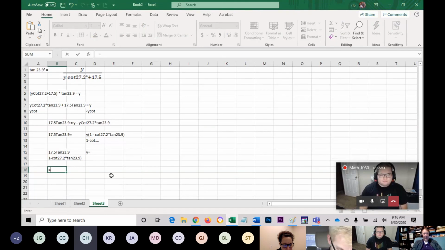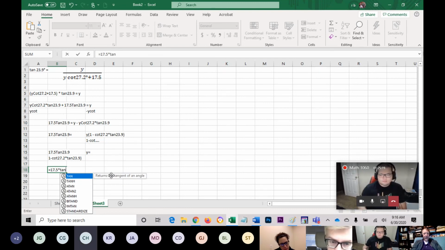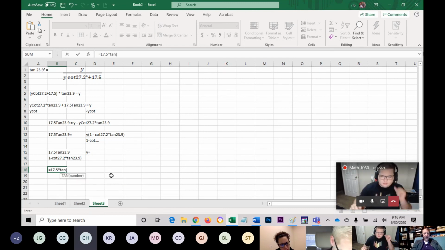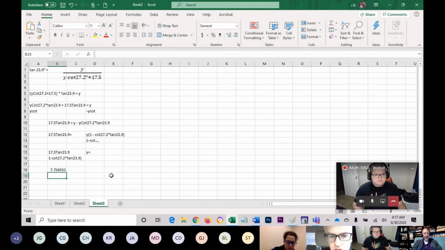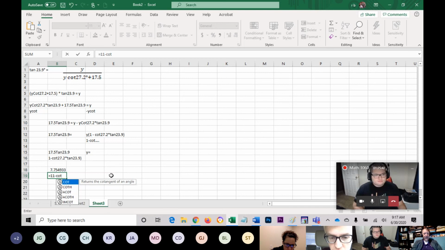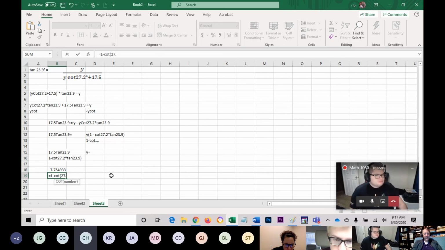Just so you know, I'm going to type it in here: 17.5 times the tangent of 23.9. But remember, Excel requires me to put this in radians, so I've got to multiply it by pi divided by 180. Okay. So the numerator is that, and then the denominator is going to be 1 minus the cotangent of 27.2.